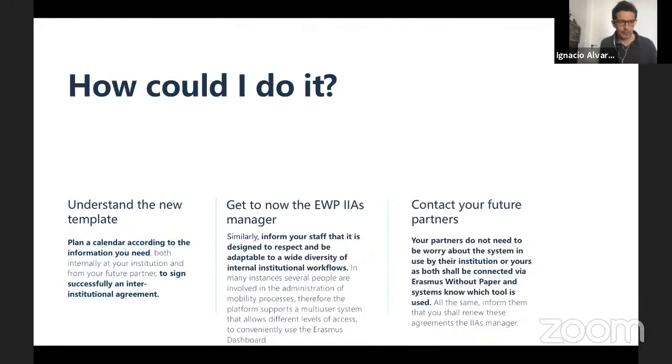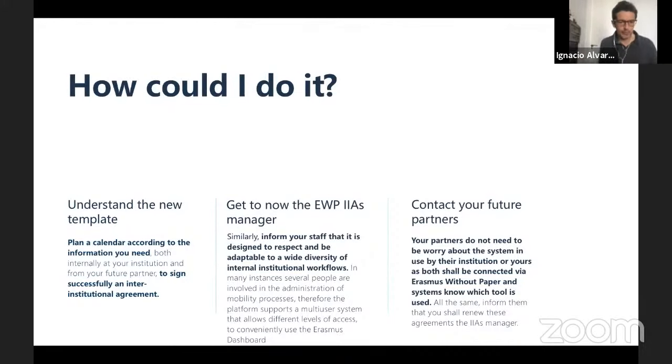We have the established calendar from above, from the Commission, in terms of the roadmap. But we have to collect the information that we need from other partners to sign successfully an interinstitutional agreement through the manager.